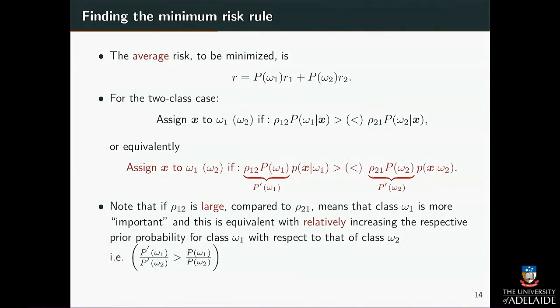You assign x to hypothesis omega 1 if the risk between 1 and 2 times the posterior probability of 1 given x is greater than the risk of making the opposite error times the conditional probability. Okay? So here in parentheses, I'm just considering the opposite. So you decide in favor of this if this is greater than this, or you decide in favor of this if this is greater than this.